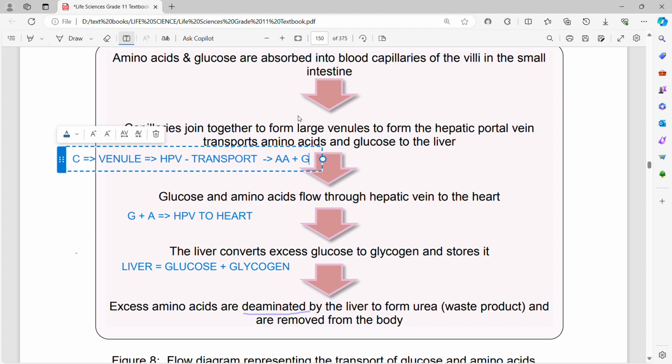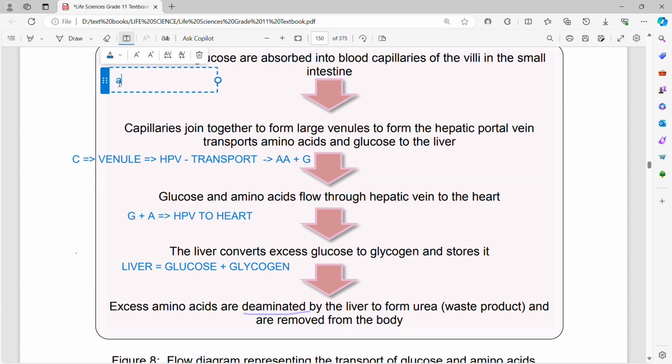And then amino acid and glucose are absorbed into blood capillaries of villi in the small intestine. Amino acid plus your glucose absorbed where? In the small intestine. You can write SI, small intestine, right? These are the abbreviations you can use to remember all of this.